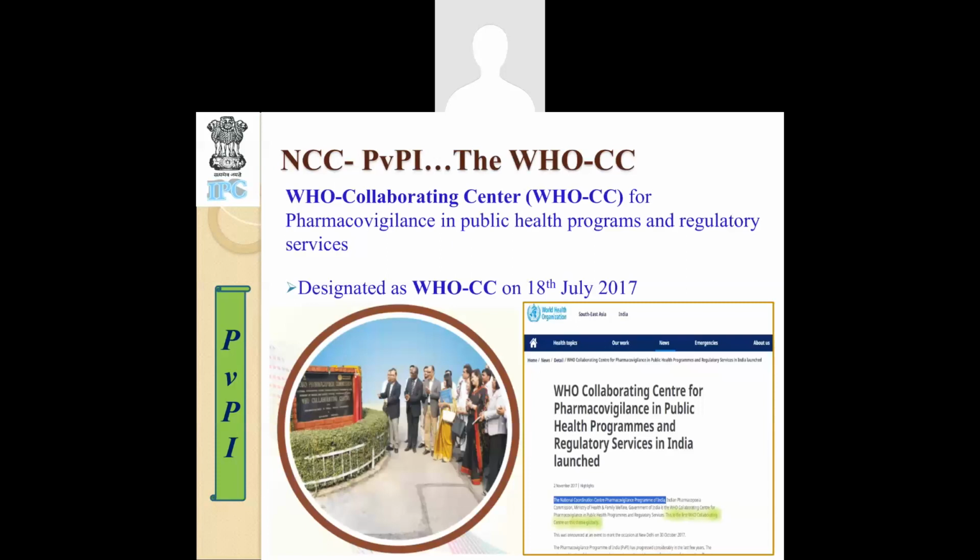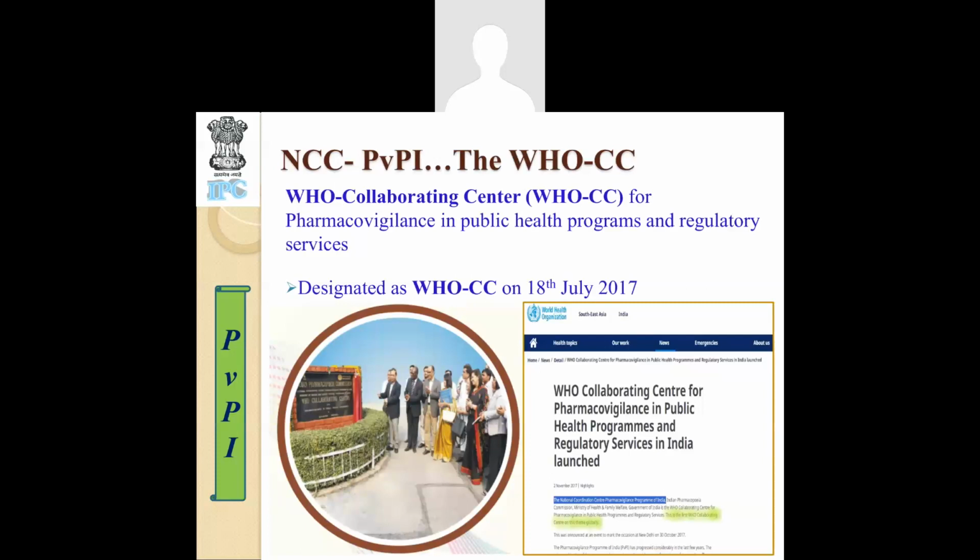And this National Coordination Center, PVPI, as I told you, IPC, Indian Pharmacopoeia Commission is the National Coordination Center. It was designated as the WHO Collaborating Center for Pharmacovigilance on 18th July 2017. So there was slow developmental progress in PVPI from 2011 to 2017. Actually, they planned for 2015 itself, but they couldn't achieve this in 2015.